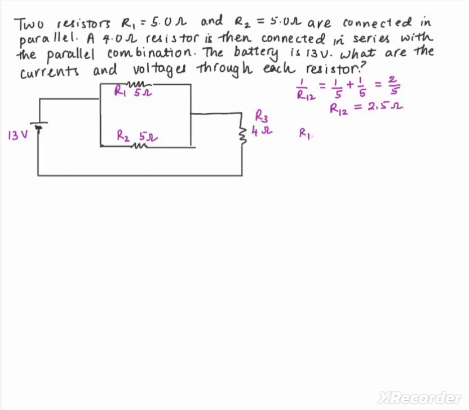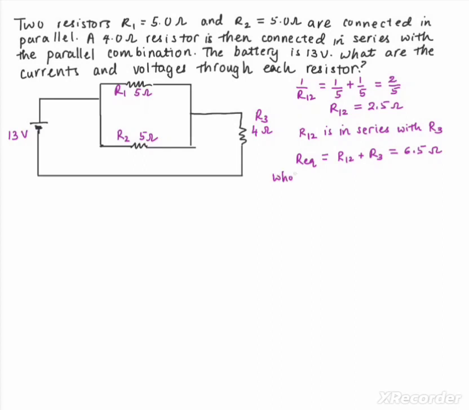And then R12 is in series with R3. So when you're in series, you add the numbers. So Req for the whole circuit is R12 plus R3, which is 2.5 plus 4, which gives us 6.5 ohms.